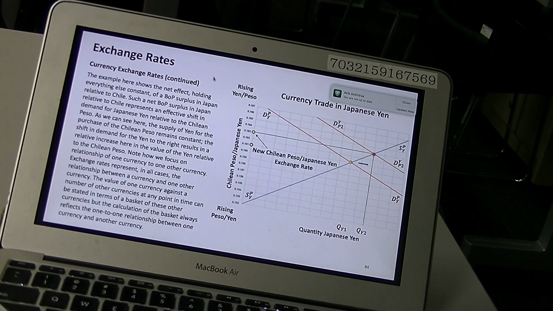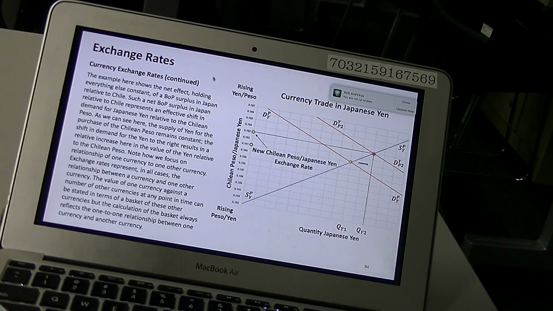Sometimes you'll see the value of a currency stated in a basket of other currencies, a mix of currencies put together. But even in that case, there's always a one-to-one relationship between one currency and another. It's always the value of one currency against another.